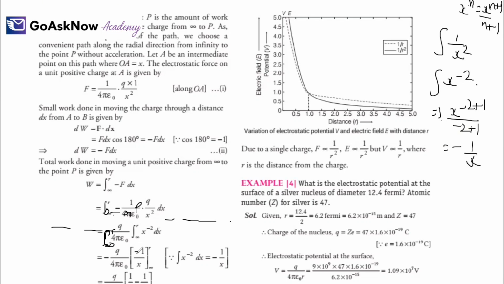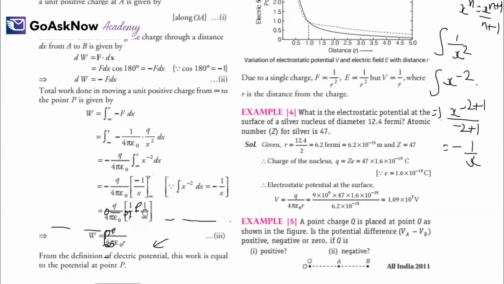That is why it comes as minus 1 by x here, and the minus sign was already there in the previous step. So one minus and another minus will cancel out. When you put the limits, you should put the upper limit first and then the lower limit.